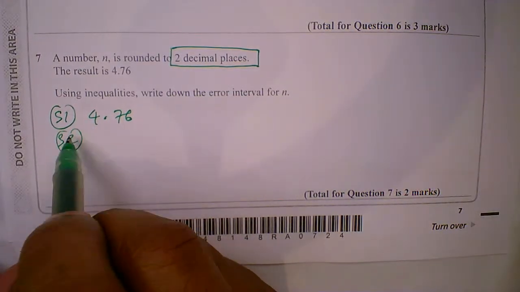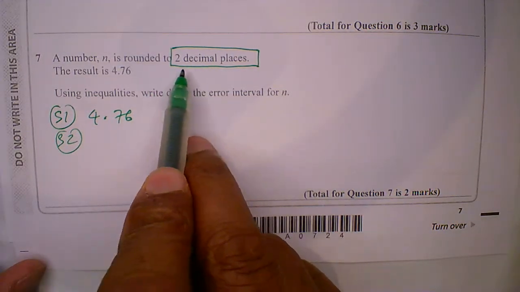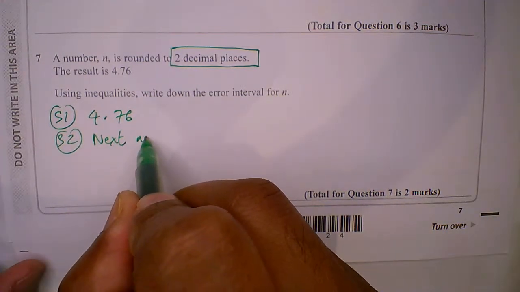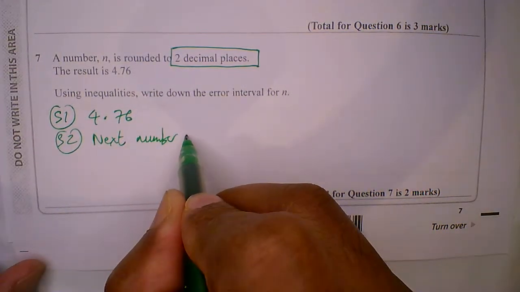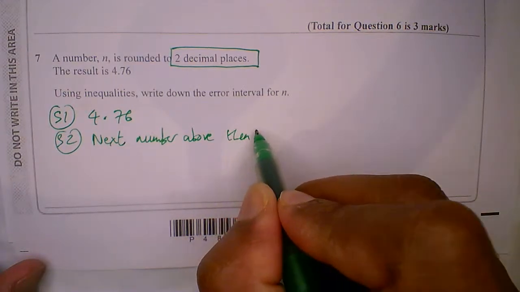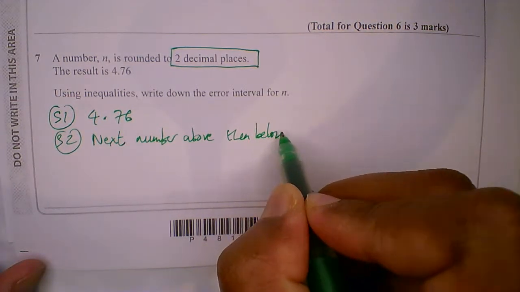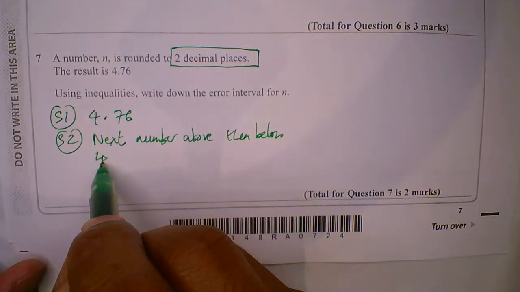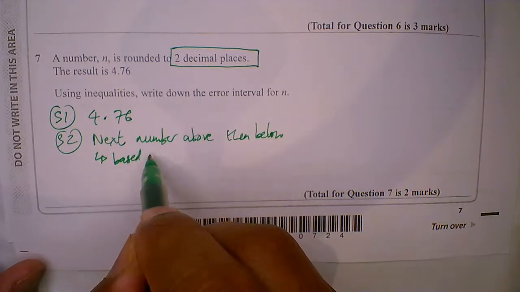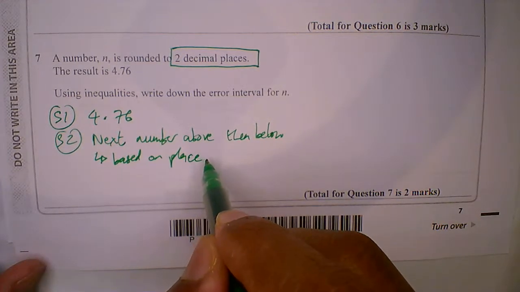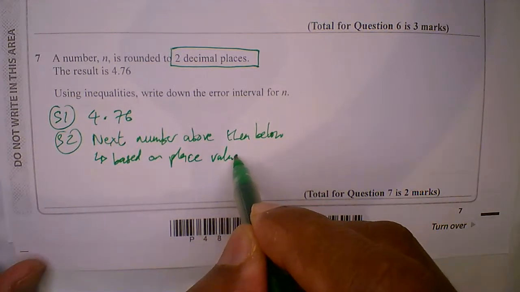Step 2: I go to the next number above and then below, based on place value or the question.